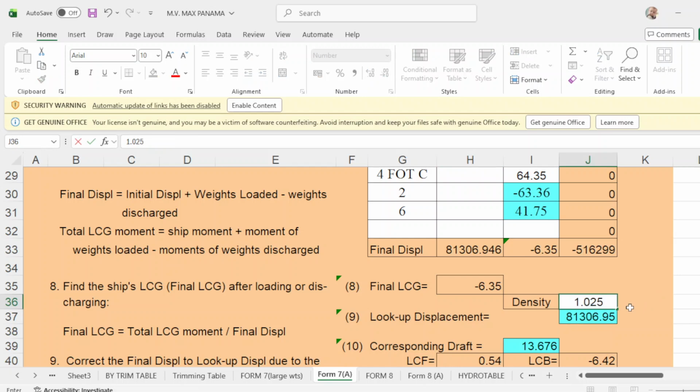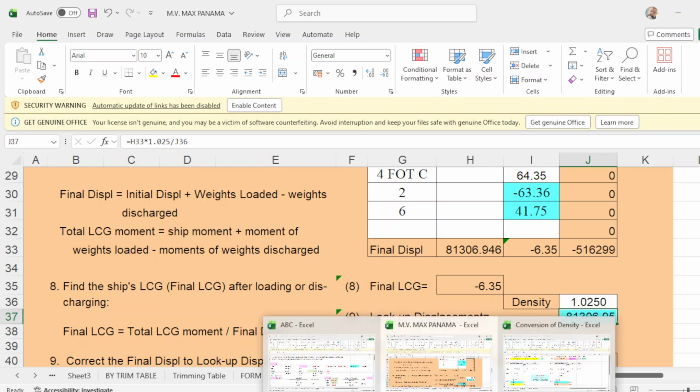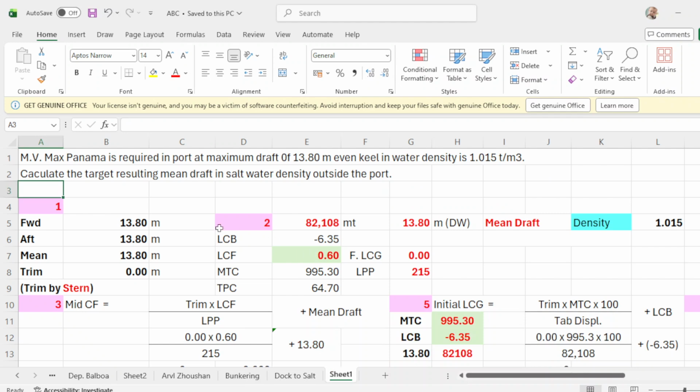And this will be your mean draft at sea, which is 13.67. Okay. This is the answer. It's asking only for the calculated resulting mean draft at saltwater density outside port, which is only the mean draft, and the answer is 13.676.